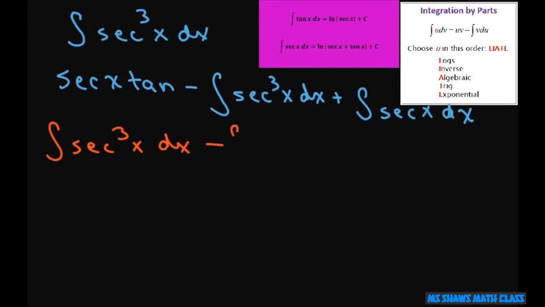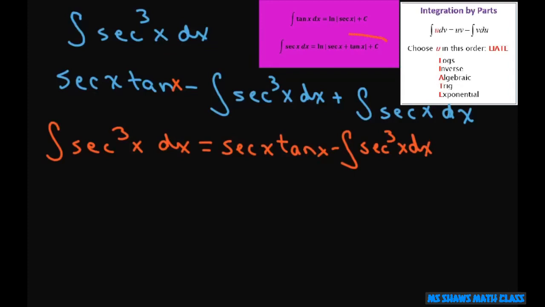Minus this integral equals secant x tan x. All right, then I'm just going to copy this part down: integral of secant cubed x dx. And then I'm giving you this one.